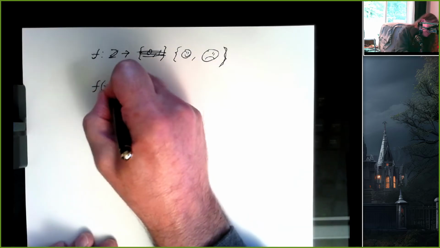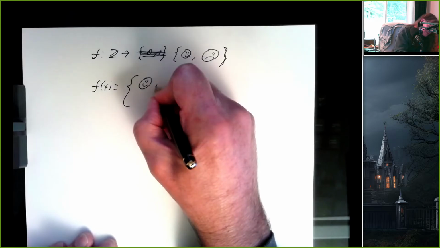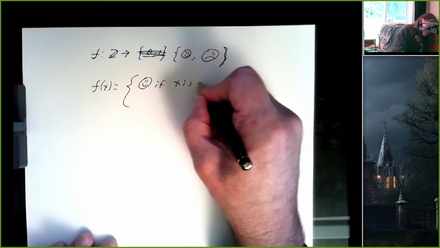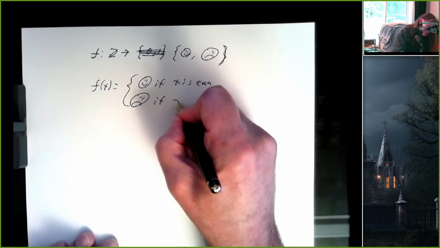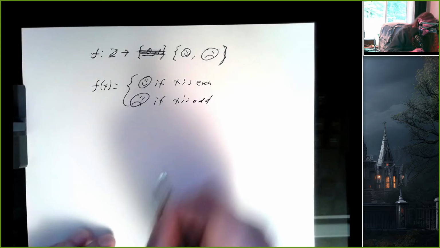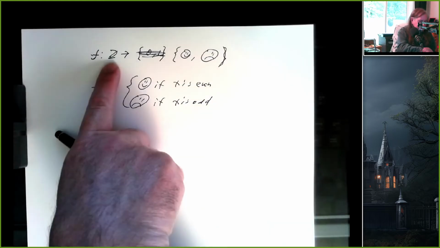F of x equals smiley face if x is even, sad face if x is odd. Is that a valid function? Yeah, absolutely.